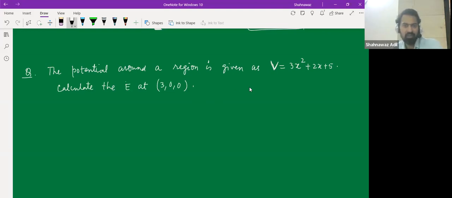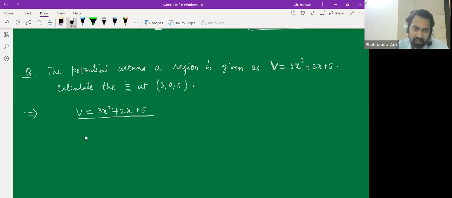We know that V is given: V is 3x square plus 2x plus 5. So we can calculate the electric field whenever some form of potential is given. The electric field would be minus dV by dx, because only an x function is there.